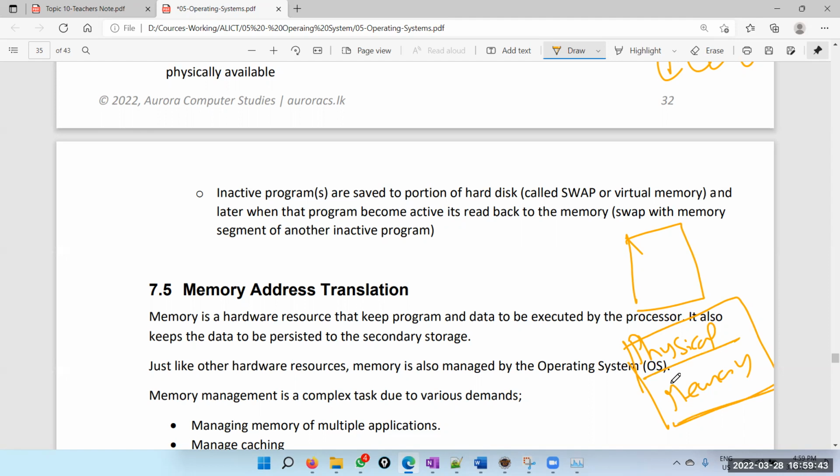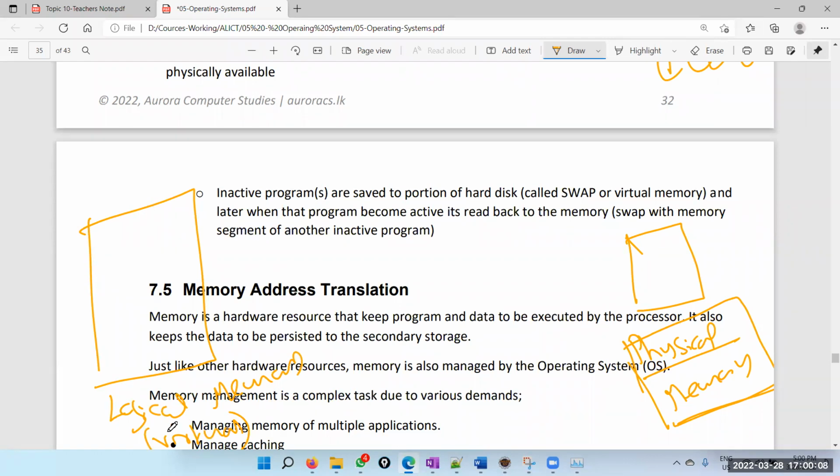Then we have another, conceptual memory, which the operating system thinks of as memory. We call it either logical memory or virtual memory. But here it is different.